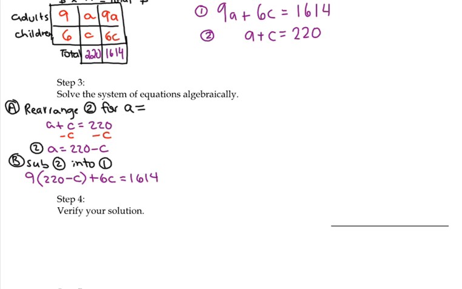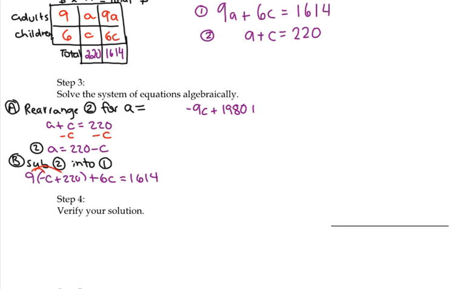No, you could write negative C plus 220. Is that what you guys did? Okay, I'm going to write that too then. Negative 9C, yeah. So distributive law. We've got good habits from linear equations, that's why. So negative 9C, 220 times 9. 1980.